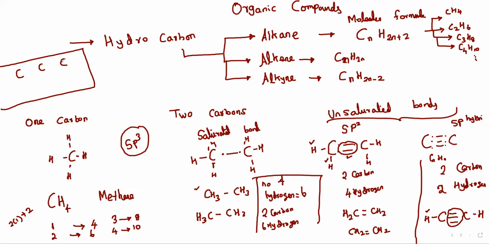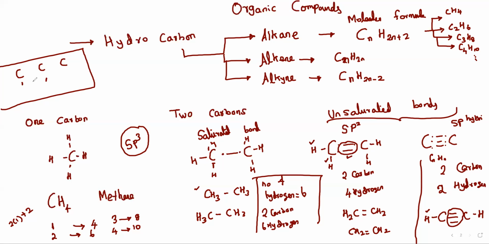A triple bond or double bond means at least one triple bond or double bond will be there. That's the requirement. So if there are 3 carbons, two bonds can be put within the 3 carbons.